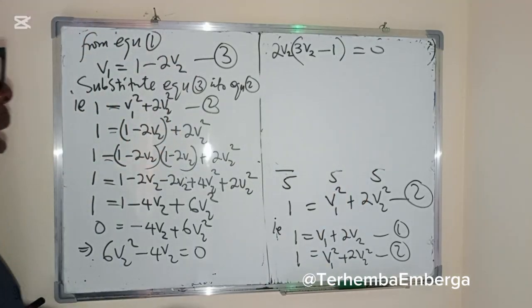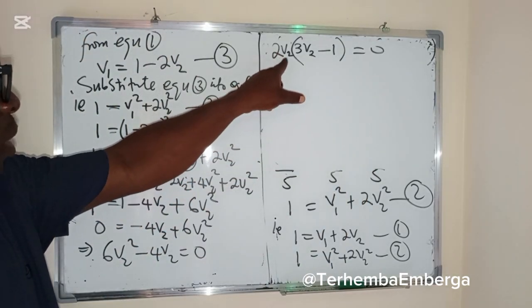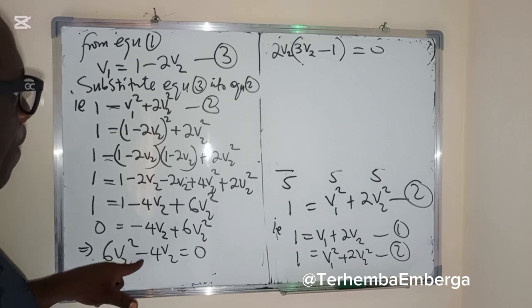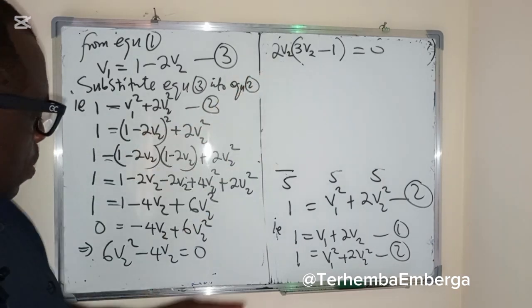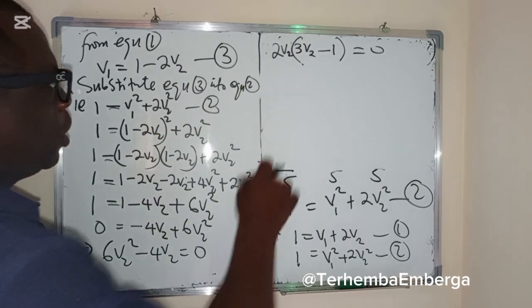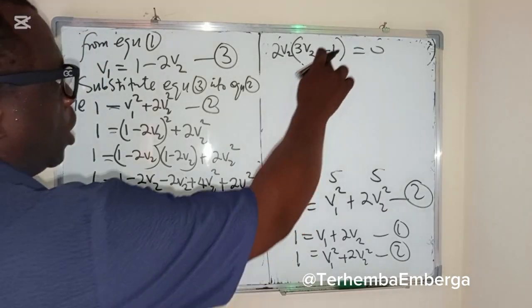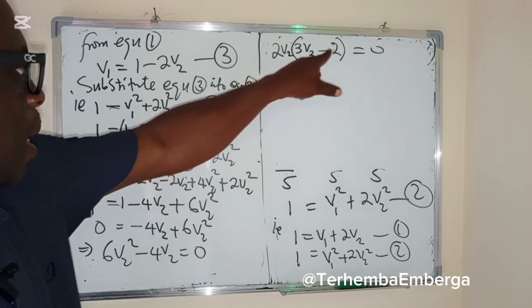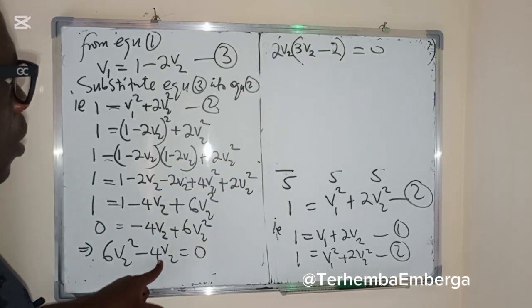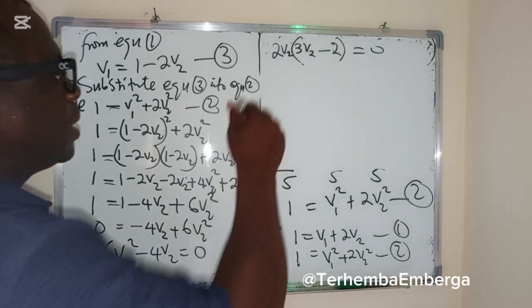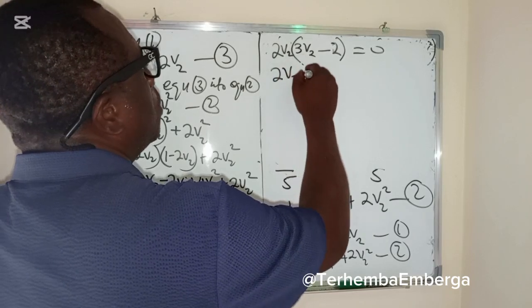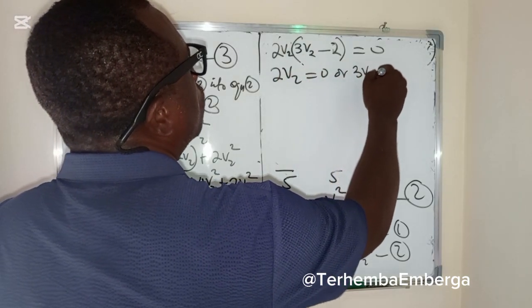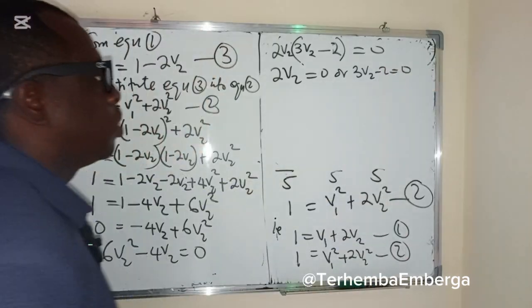So if you open this bracket, it gives us back this. So we can say that 2v2 is equal to 0, or 3v2 minus 2 is equal to 0.